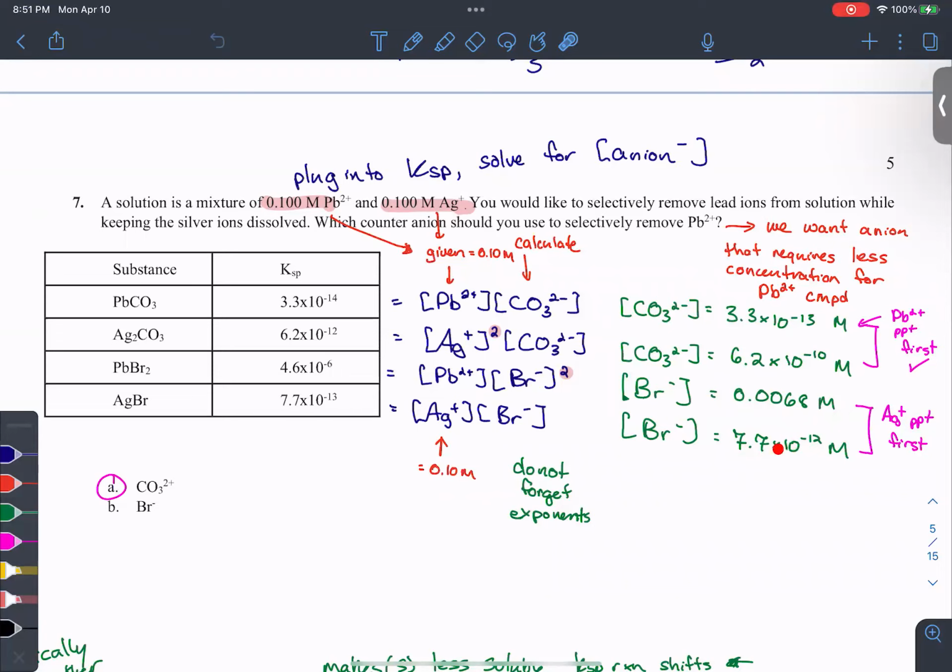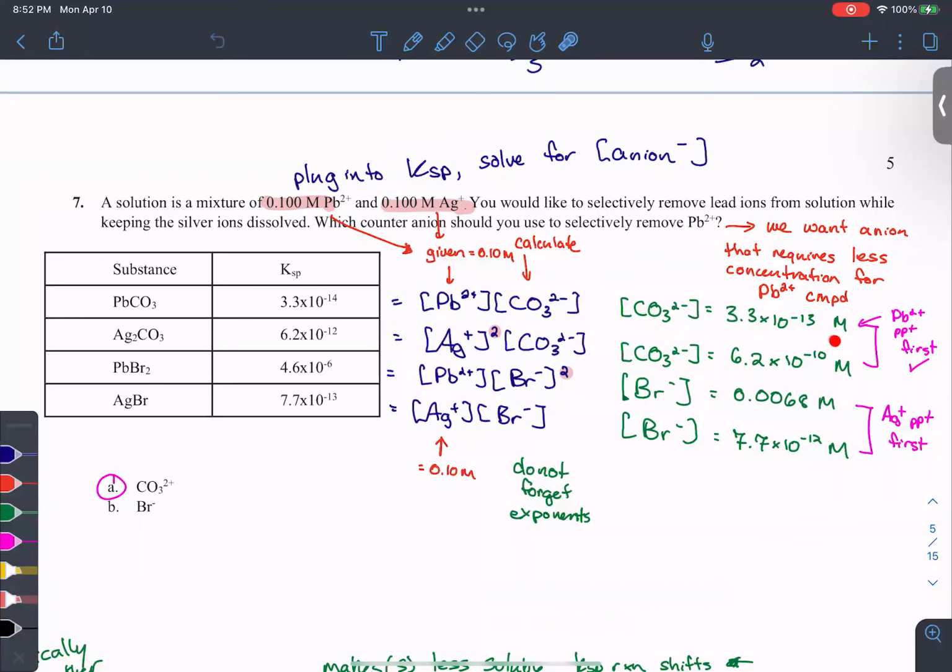So if you add just a tiny bit of bromide, silver plus is going to precipitate out first, as long as the concentration is above ×10⁻12 bromide. That's a tiny bit, while the lead's not going to precipitate out until bromide's much higher. So that's the strategy you want to be looking for. But the question is asking, what do we add to remove lead 2+?